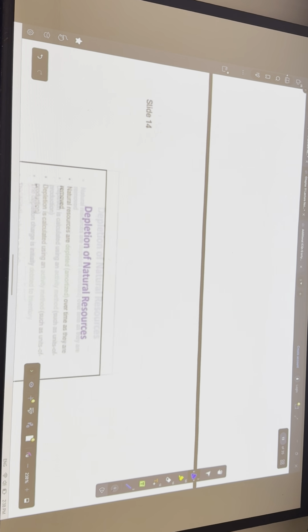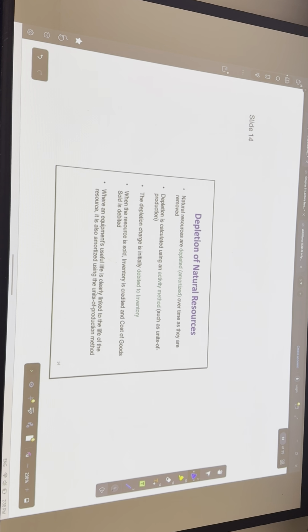But the negative part, you guys, is that if you don't use it, because it's not really a good machine and you're not producing any units for sale, then you're not depreciating the asset. Unlike straight line, where you have to depreciate the asset every year, whether you use it or not, or double declining, units of production is good matching if you use it. The bad news is if you don't use it, you're not going to depreciate the asset, because it's based on the number of units produced.